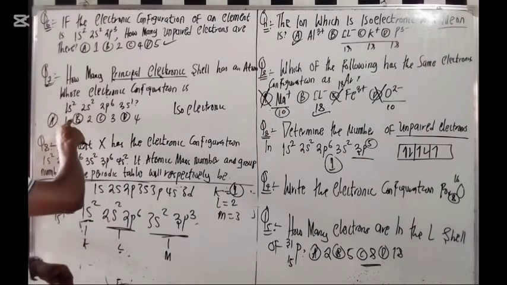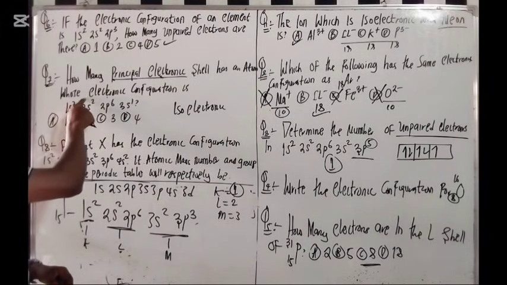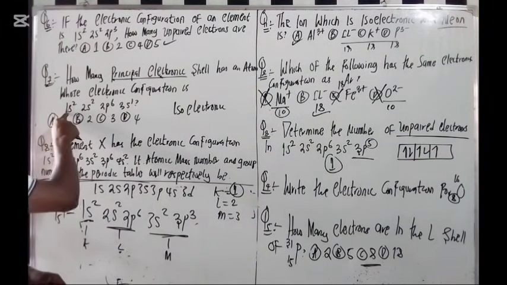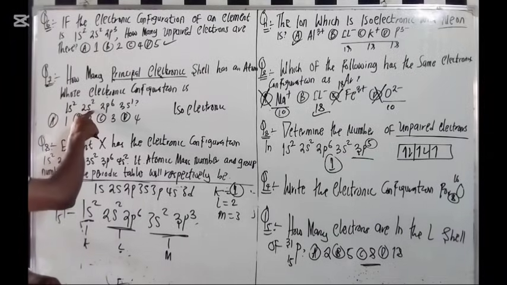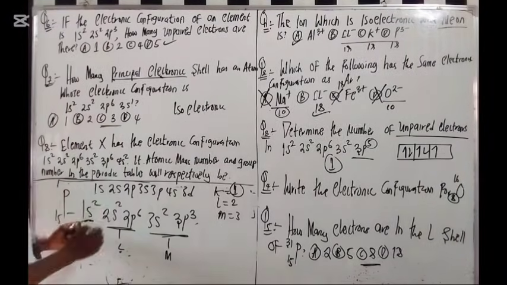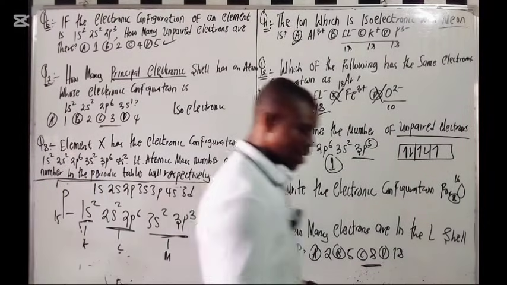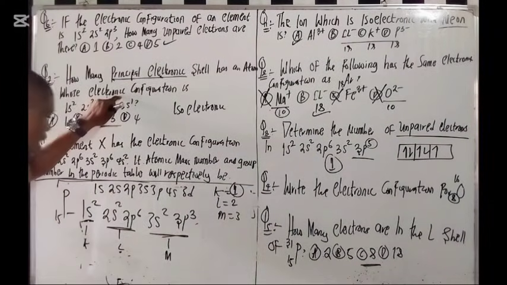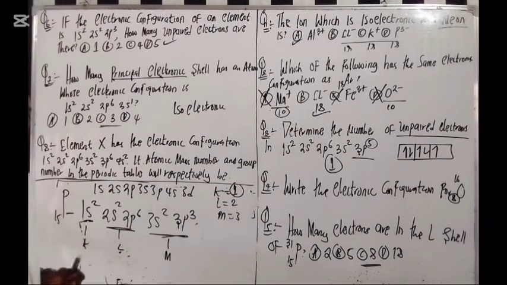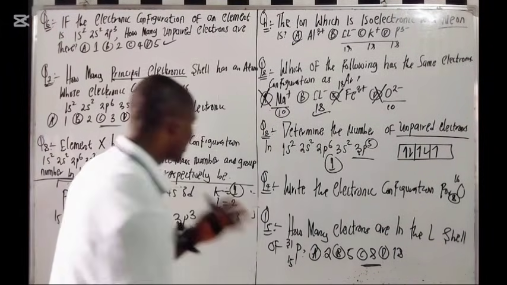If you check very well, here we have 1s2, 2s2, 2p6, 3s1. So here we have K shell, L shell, and M shell. So the option is 3.